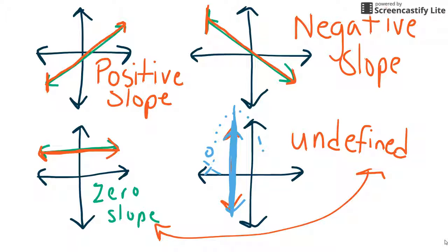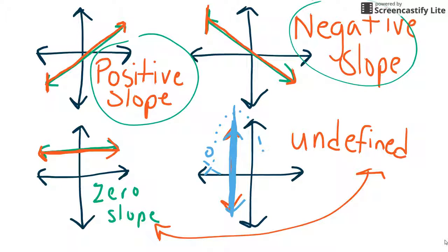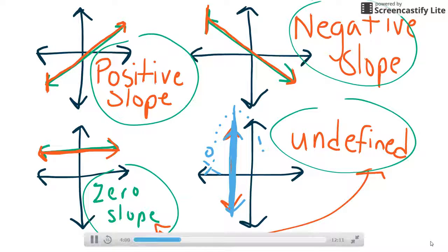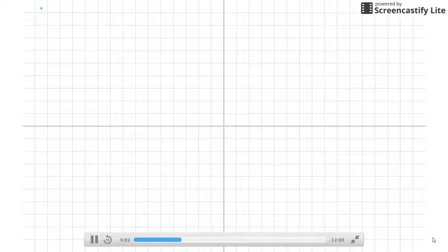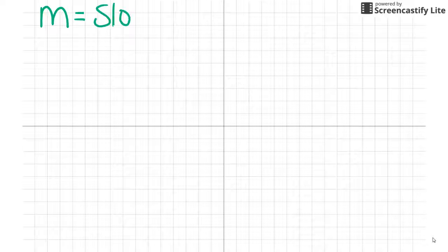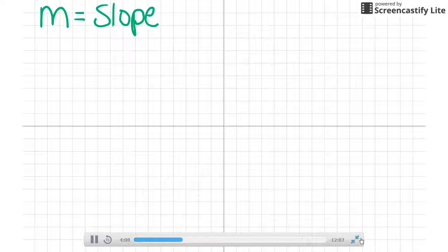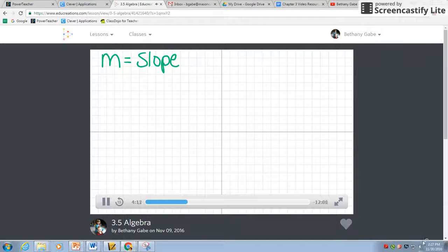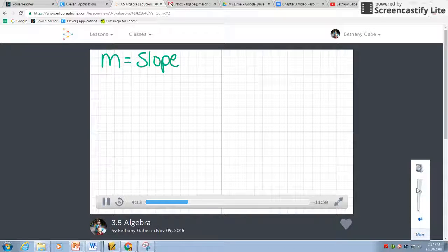Gabby couldn't. Maybe you could. But it's physically impossible to get up and over that. So undefined, and I'll show you a more mathematical reason as to why that's undefined later. But a vertical line up and down, we call undefined. So, 4 types: positive, negative, zero, undefined.